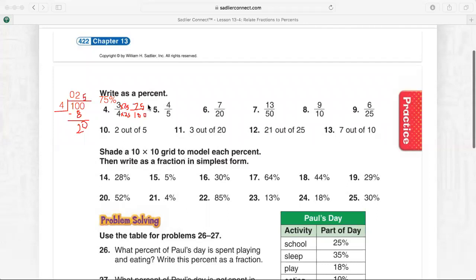Got it, girls? Let me do number 5. Also in number 5, I don't have 100. So what I'm going to do, I'm going to divide 100 by 5. 100 by 5 is 20.